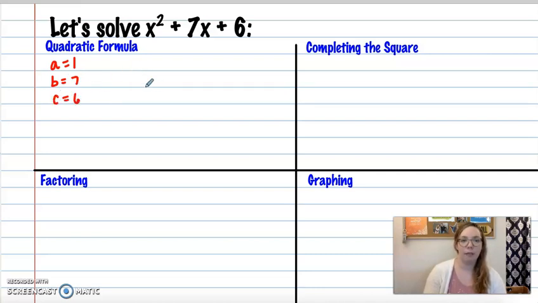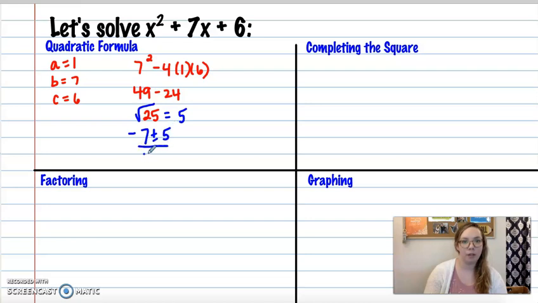So I would have, for my discriminant, 7 squared minus 4 times 1 times 6. So 49 minus 24 is 25. And if I want to square root that, I'm going to end up with 5. So then we'll have the opposite of b plus or minus 5 all over 2 times 1, which is 2.